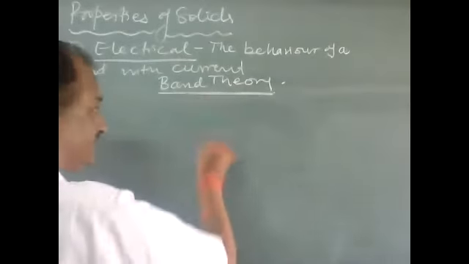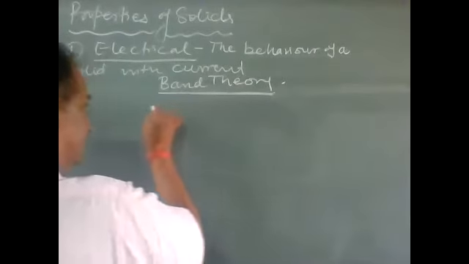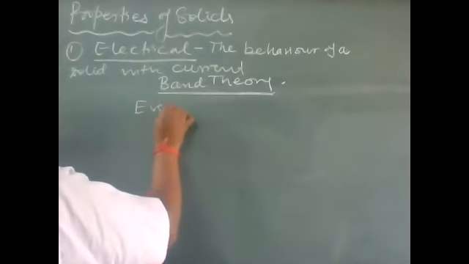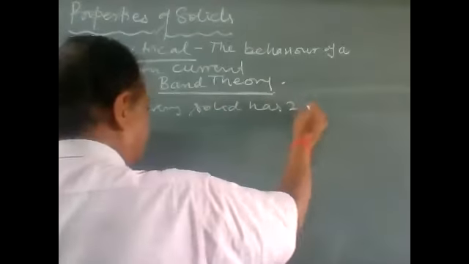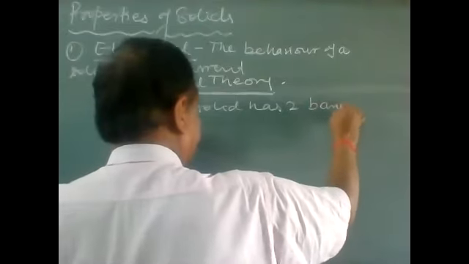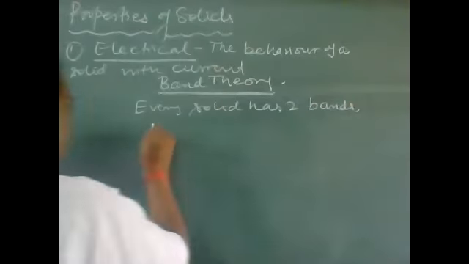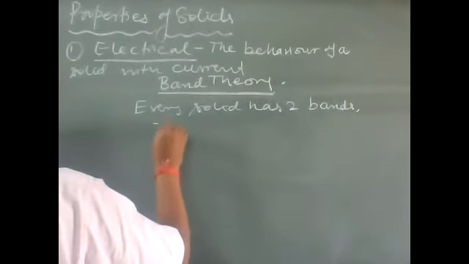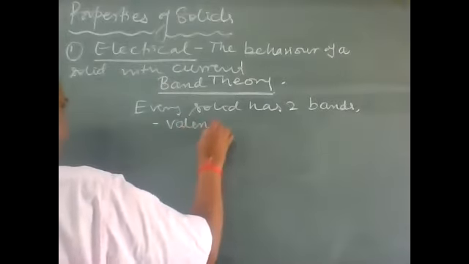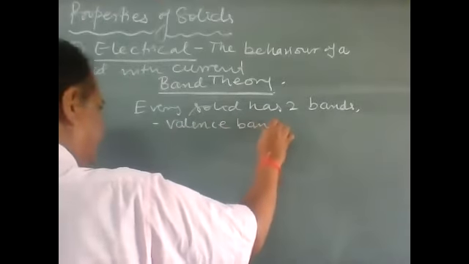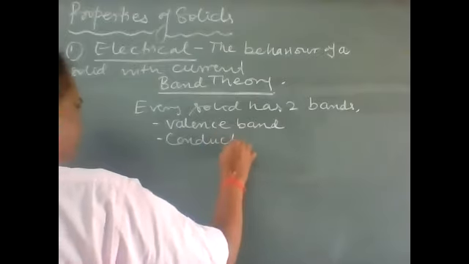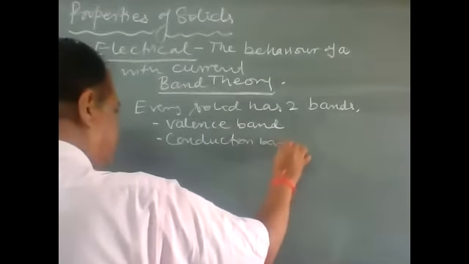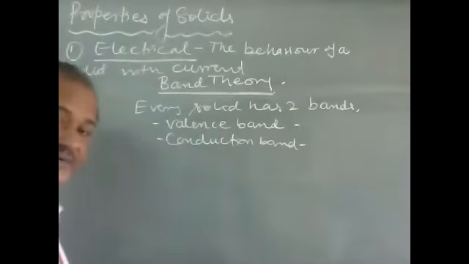And so band theory suggests that every solid has two bands. Number one, valence band. Number two, conduction band.